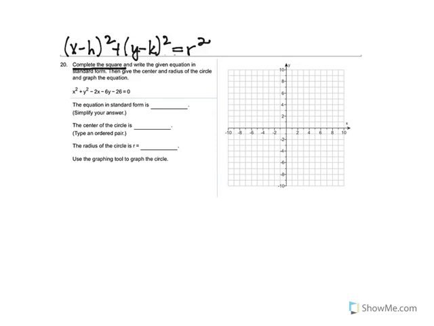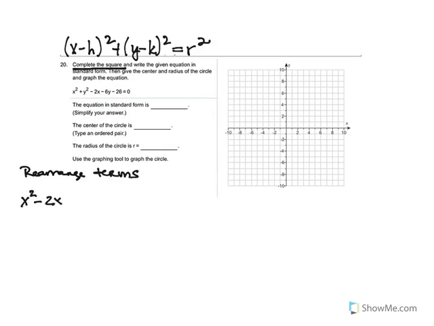On this problem, we have x squared plus y squared minus 2x minus 6y minus 26 equals 0. The instructions help us out by telling us we're going to have to complete the square first. So what we need to do is rearrange this problem by rearranging the terms.